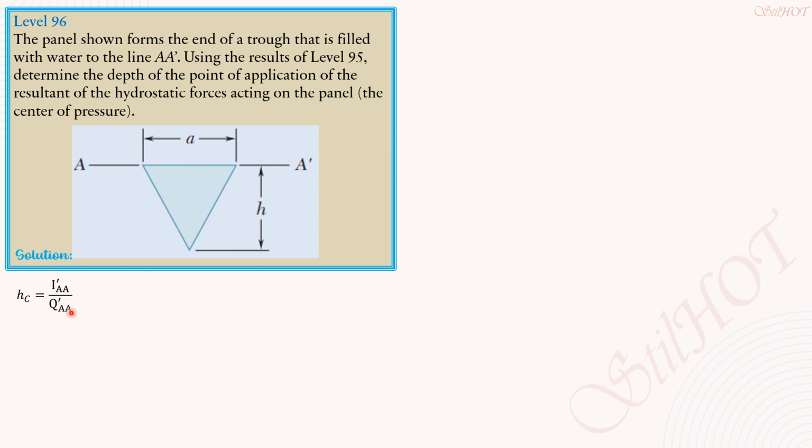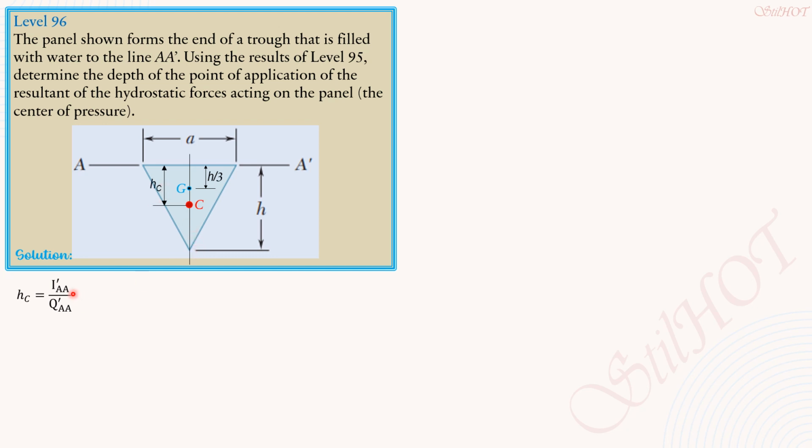So Q AA prime is simply the area of this triangle times the distance of the centroid to the axis AA prime, and that is h over 3 because this is a triangle. So that's the centroid of the area, and that's h over 3. Then this is the center of pressure C, and the distance is hC as shown in the figure.